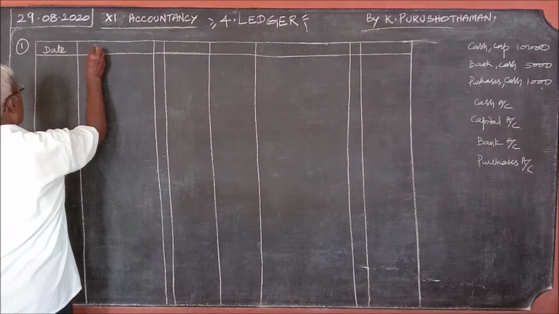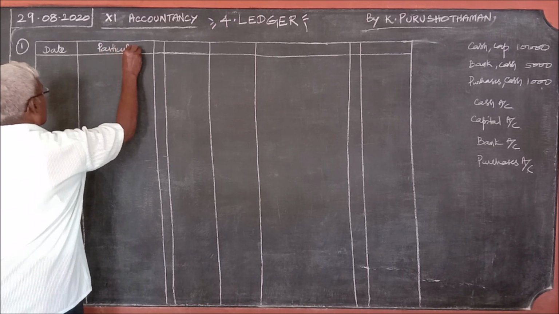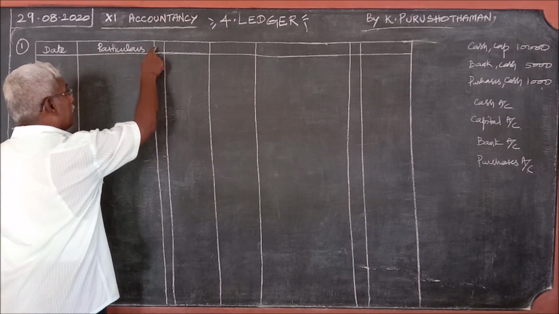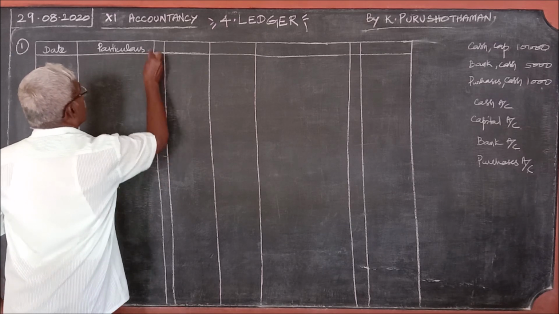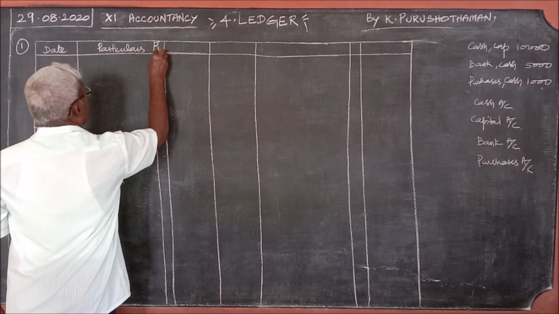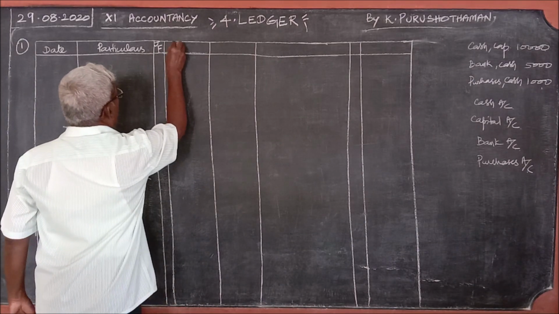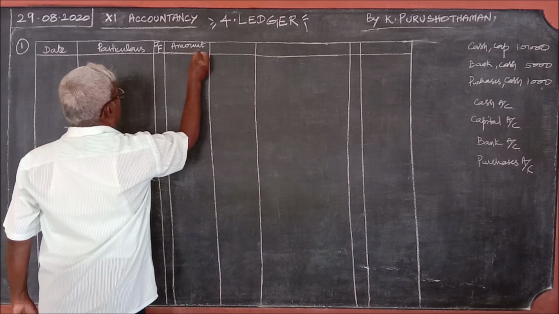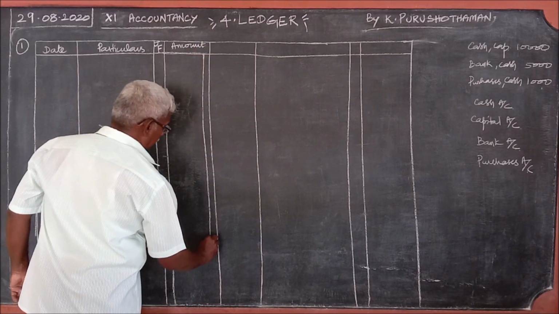In the journal, we wrote ledger folio. This is a ledger, we should write journal folio, JF. Then the next column is amount.